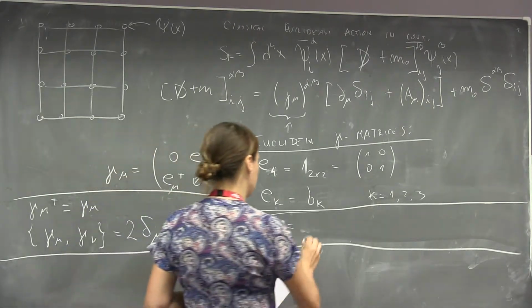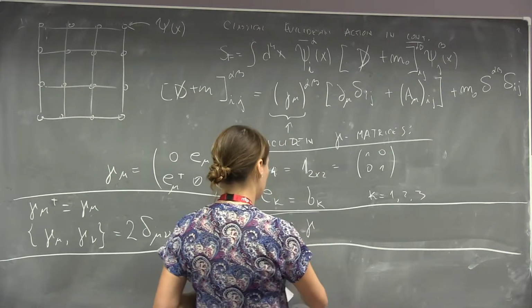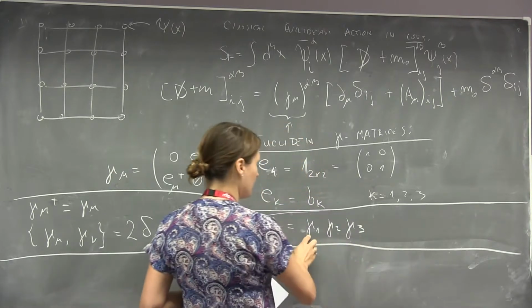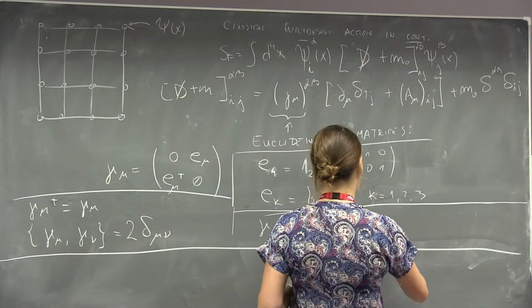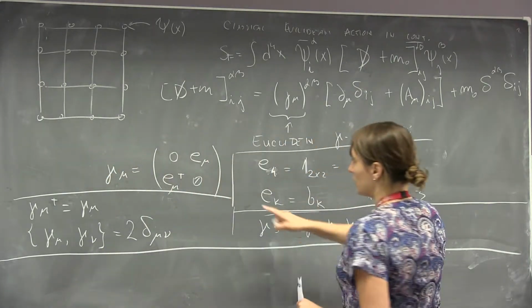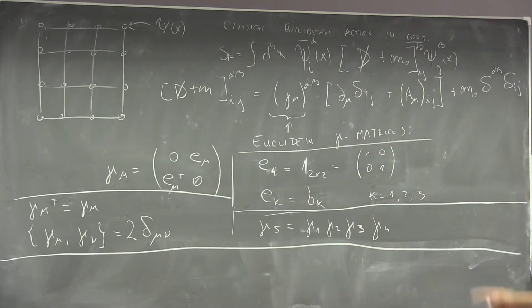The Euclidean gamma 5 is equal to gamma 1 times gamma 2 times gamma 3, the matrices corresponding to the spatial directions, times gamma 4, defined as you can see here.